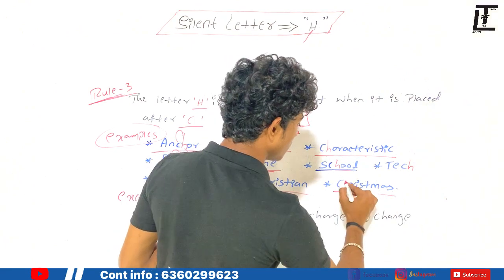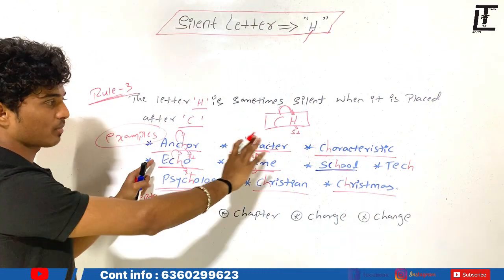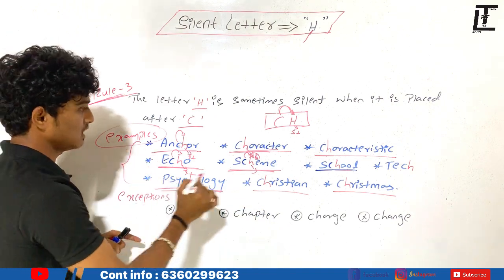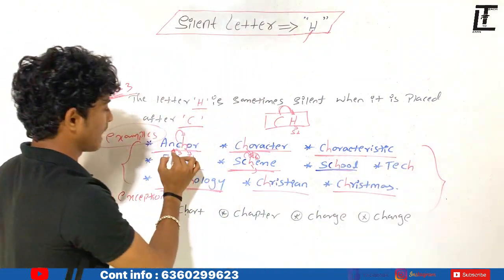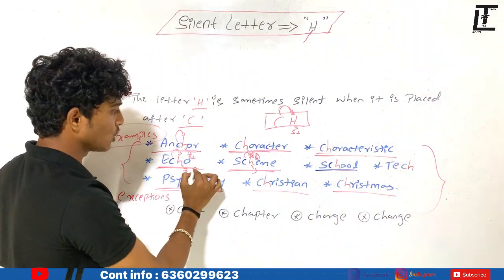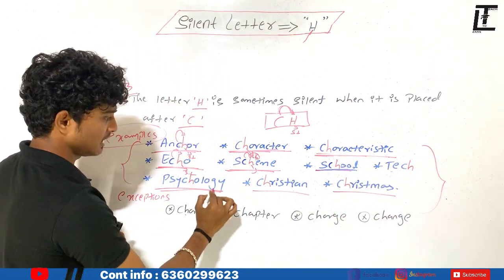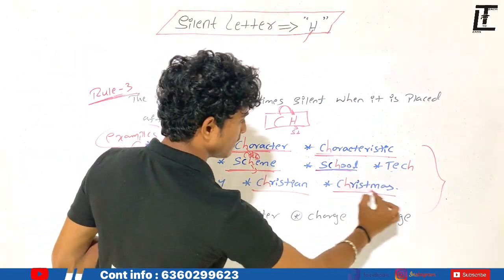Here it is Christmas. So now I repeat the pronunciation of these words. The first word is anchor, character, characteristic, echo, scheme, school, tech, psychology, Christian, and Christmas.